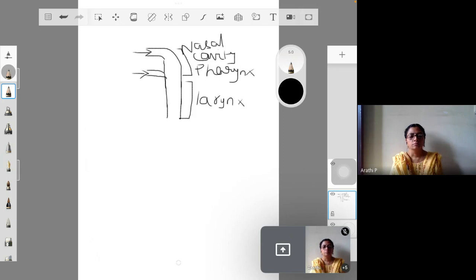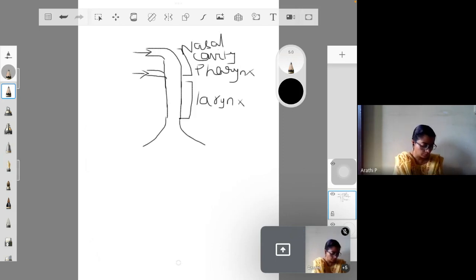So the upper part is the pharynx, the lower part is the larynx. It will go down and branch out. Again, here the lobes, we call them the left lobe and right lobe.